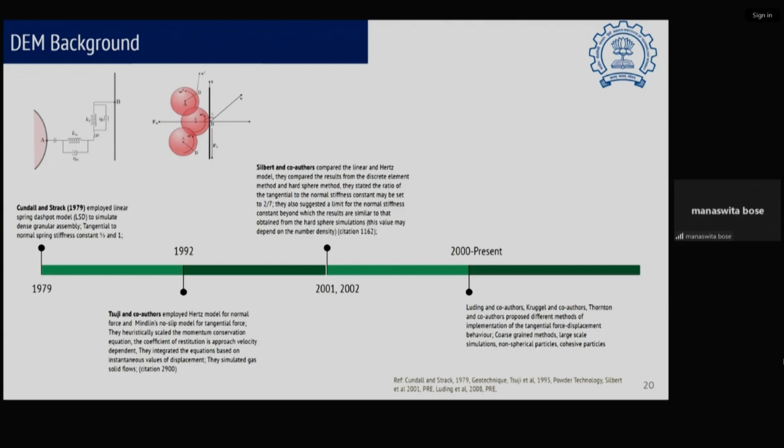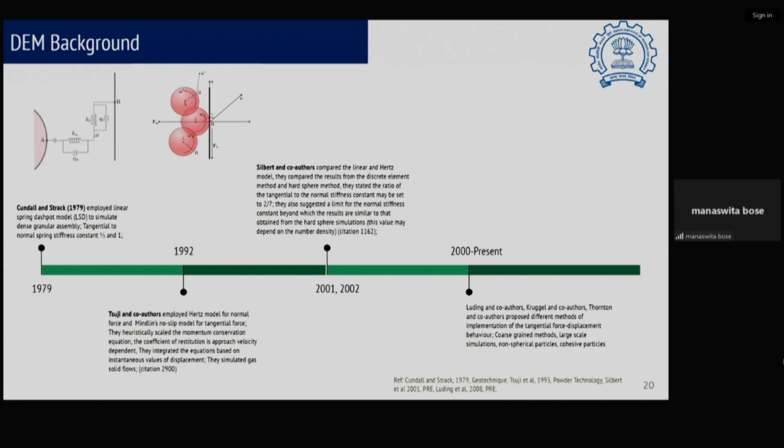That Cundall and Strack in 1979 were the first to employ the linear spring dashpot model to simulate dense granular systems, and their work was actually in soil mechanics, and they kept the tangential to normal spring stiffness constant ratio as 2/3, which complies with the definition of spring stiffness constant as inverse of the compliances.